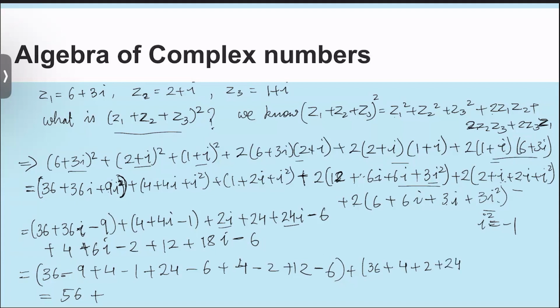So 24 plus 24, and then you have 6i plus 6i and plus 18i. Okay, so now if you add it up, you have 36 plus 4 plus 2, 24, 6 plus 18. So you get this as 90. Okay, so this is what you get.